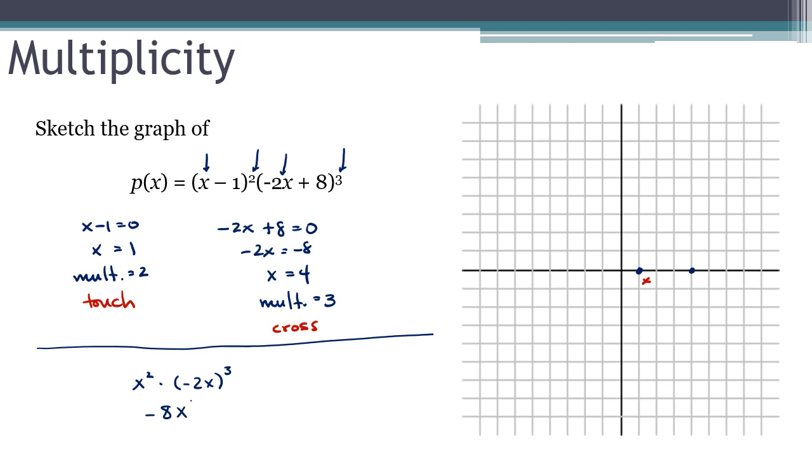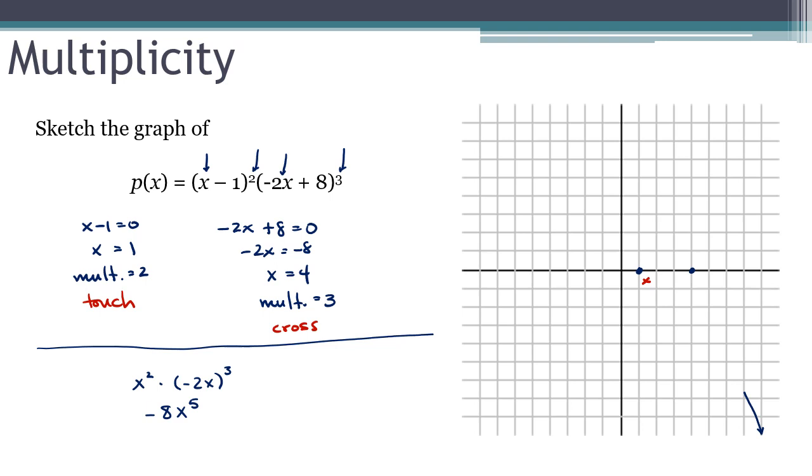This will be x to the 5th. If I put a really big positive number in there, I'm going to get a really big negative number out. So the graph is going to end over there going down to the right.